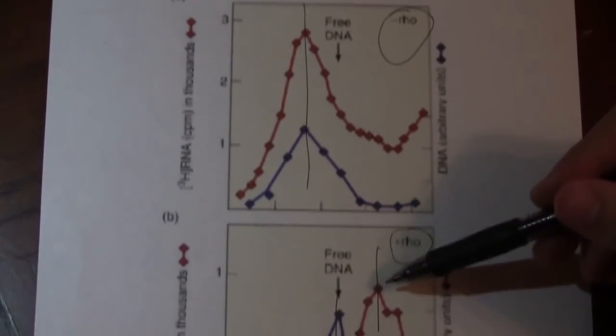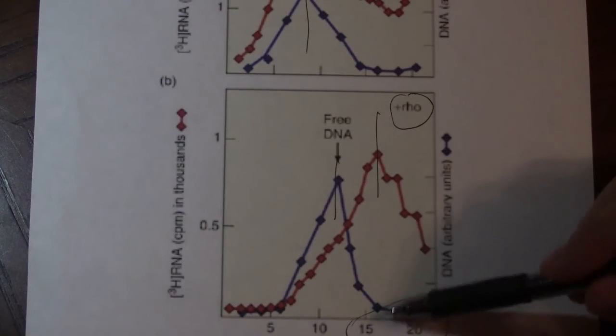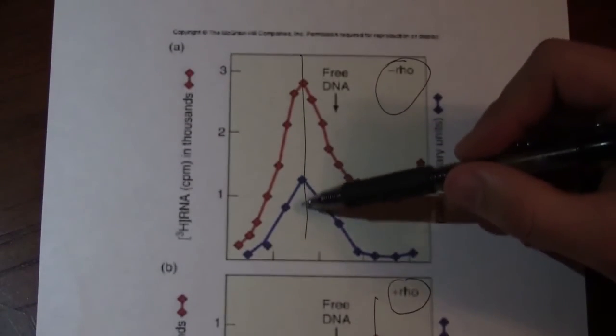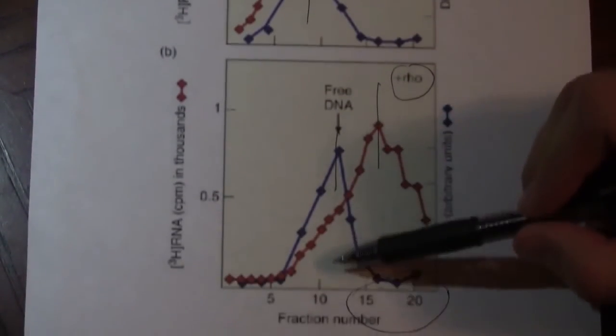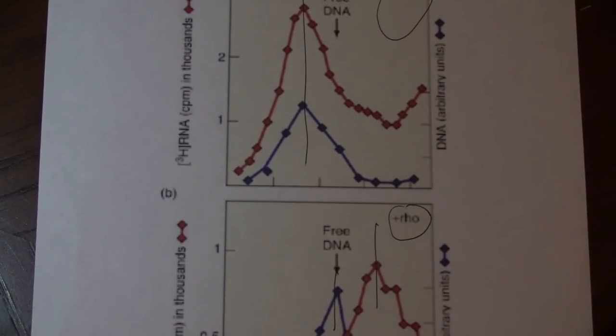It went from graph A here to graph B here, probably from about fraction 8 all the way up to maybe fraction 17. Lastly, there was a shift in the fractions in which DNA is seen from graphs A, here, perhaps around fraction 9, to here, maybe around fraction 12, comparing the RNA-associated DNA to the free DNA.